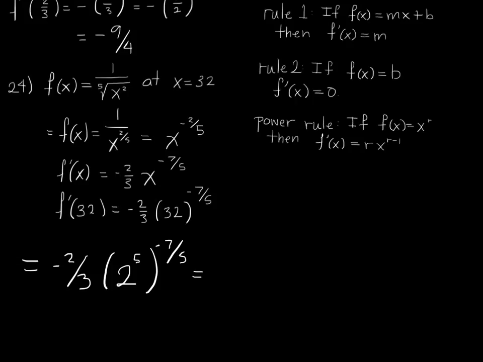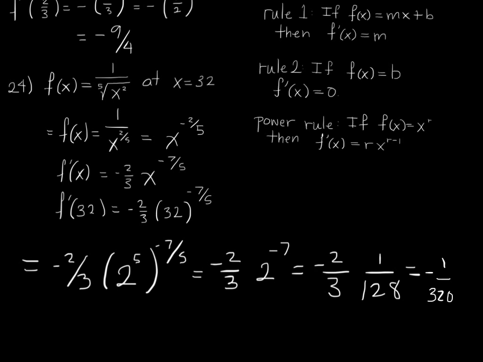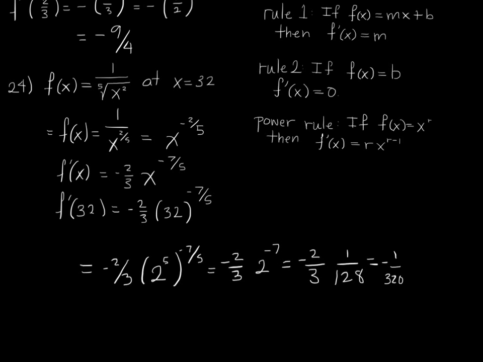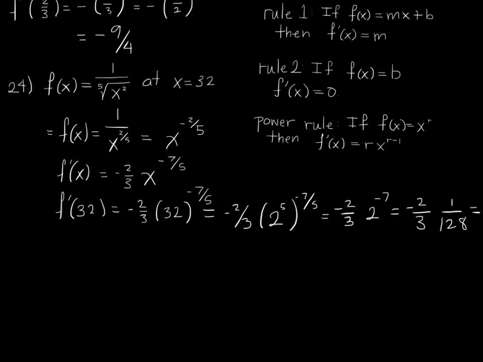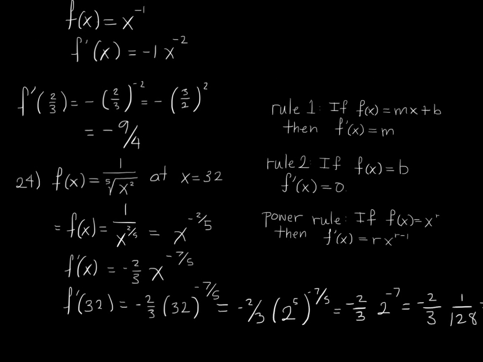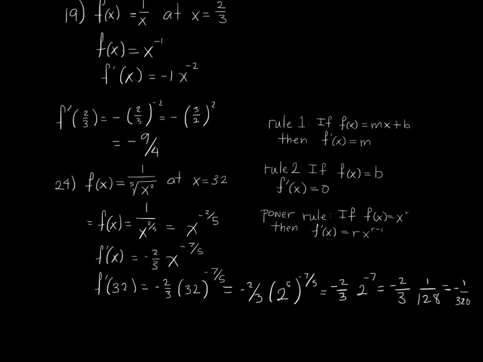The 5 and the 1 over 5 cancel to give us 2 to the negative 7, which is 1 over 128. And this cleans up to be negative 1 over 320. And we have our answer. So just simply applying these rules and then using a little algebra, we can get to the answer.